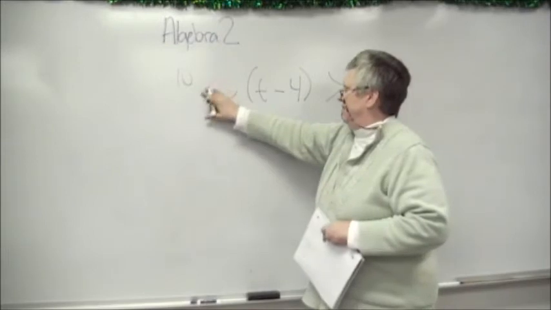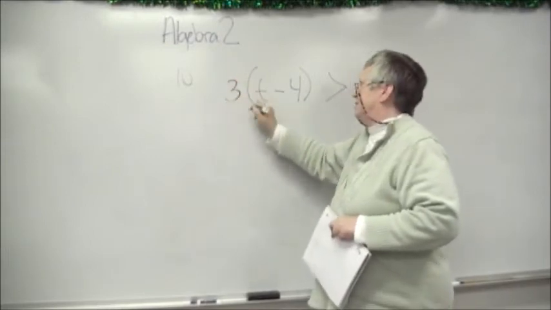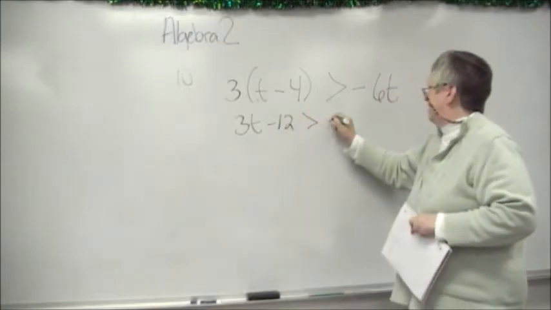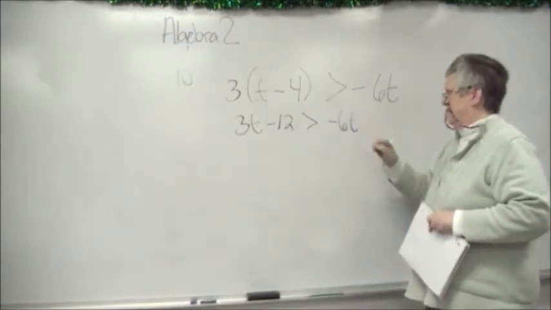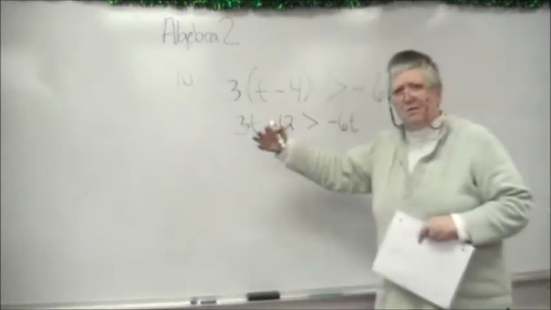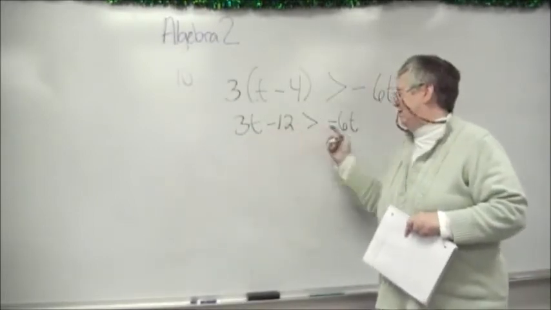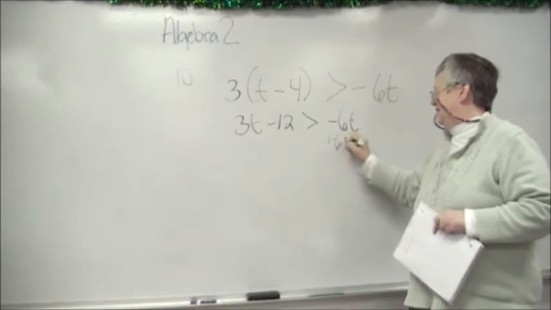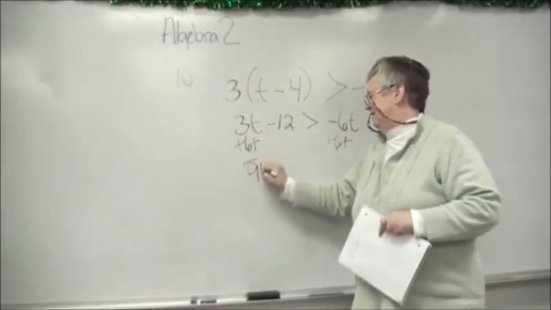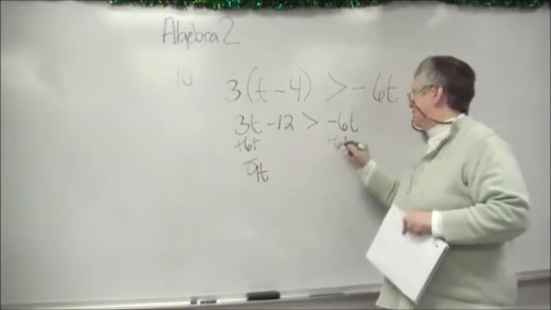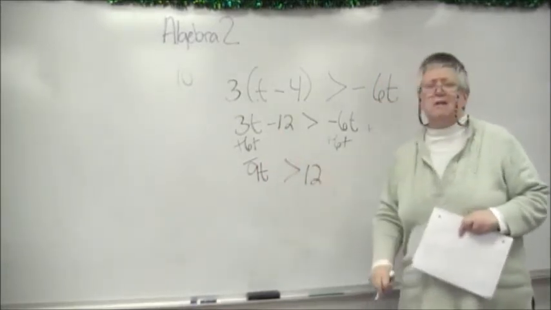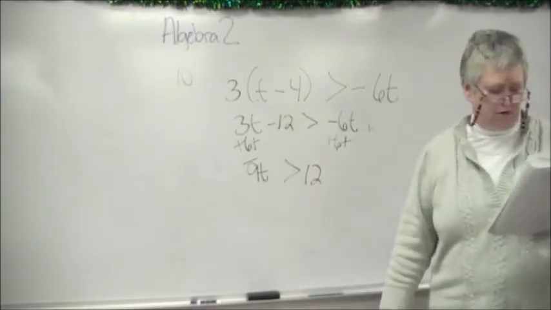So multiply, and we have 3t minus 12 greater than -6t. It's your choice which side you put the letters on, but usually we like to put the letters on this side when you have an inequality. So we're going to add 6t to both sides. That gives me 9t, and then I put this one over here, plus 12. So 9t is greater than 12.